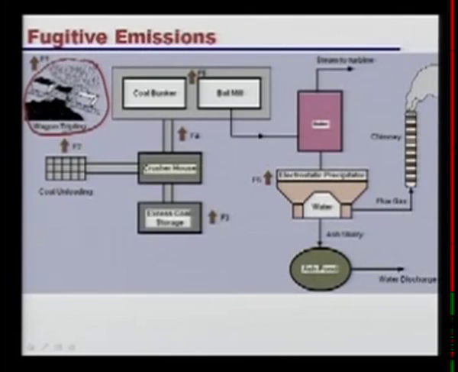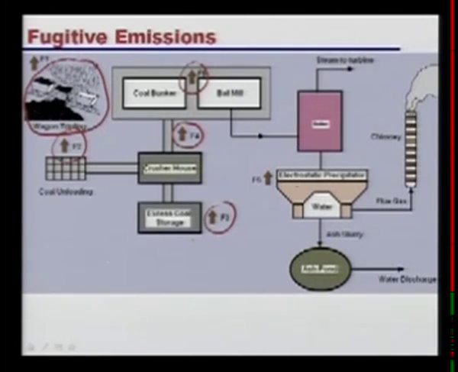So there is another emission taking place there, and the excess coal is stored separately, so that is another emission. Then here is a conveyor belt, and from the conveyor belt there will always be emissions, the leakages. Things are stored in the coal bunker and taken to the ball mill. With the ball mill operations a lot of dust is emitted, so that is another source.